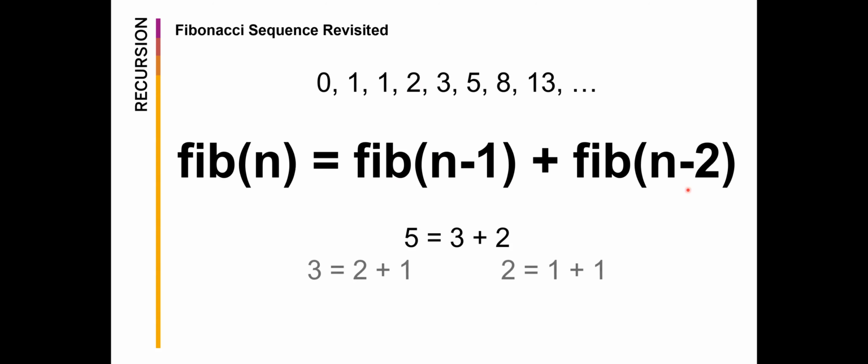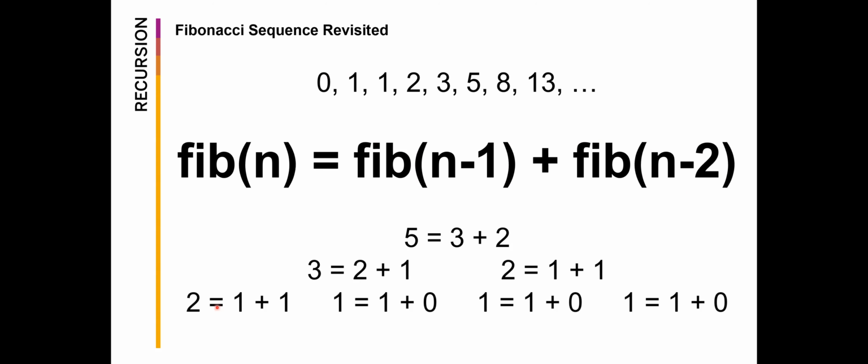If we split the 3 and 2, we have 2 plus 1, or 1 plus 1. Then we split it down again to 1 plus 1 or 1 plus 0, and 1 plus 0. You can see that we are branching out the numbers from one number to the other. So we break it down.